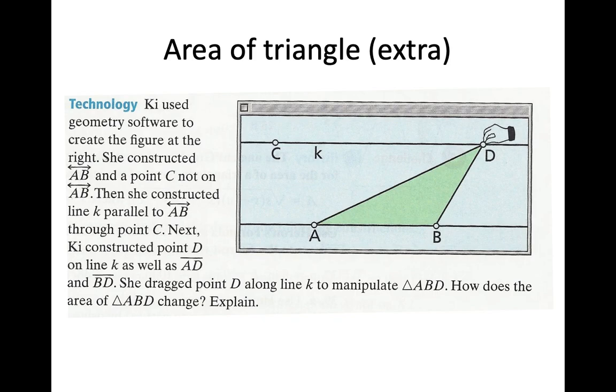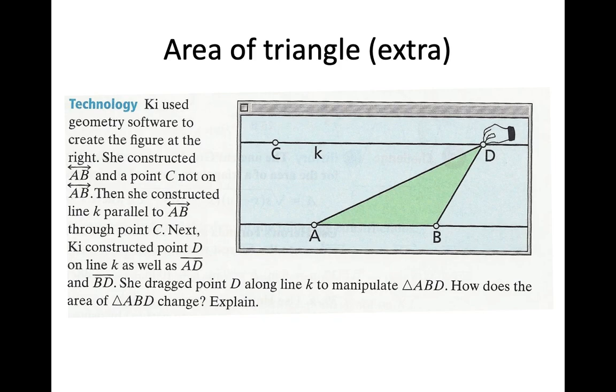She then constructed a line K that's parallel to AB and through point C. Next, she constructed point D that is also on the line, as well as AD and BD, and she dragged D back and forth along this line K. So she can drag that point D, you can see the little hand there, and she can drag it all along that line K to C or anywhere beyond.